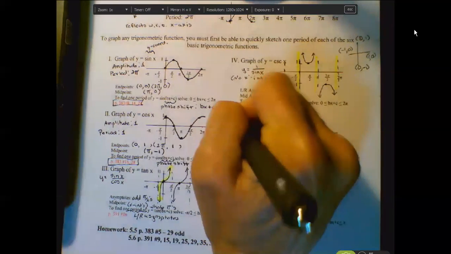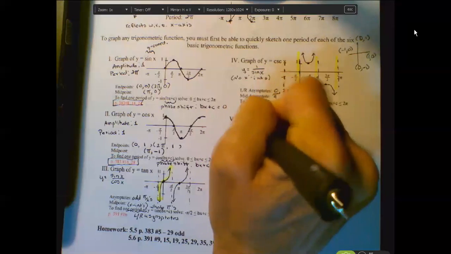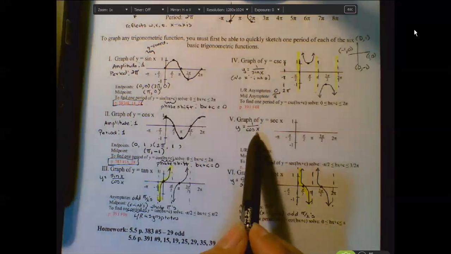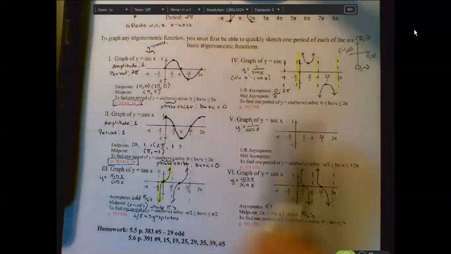All right, one more and we'll have all 6 graphs. Secant x is 1 over cosine x. So it's going to have its vertical asymptotes wherever cosine is 0. And which coordinate is cosine? X. That's your x. So wherever x is 0, that's your half pi's where x is 0.